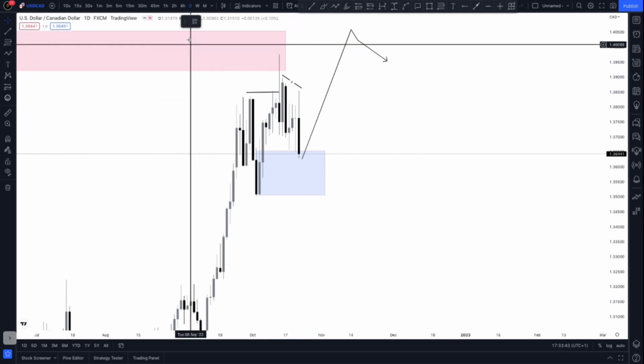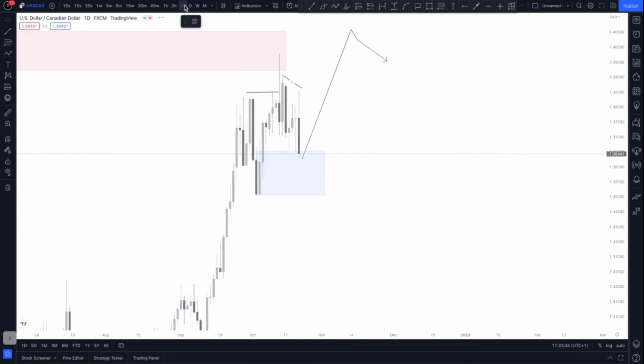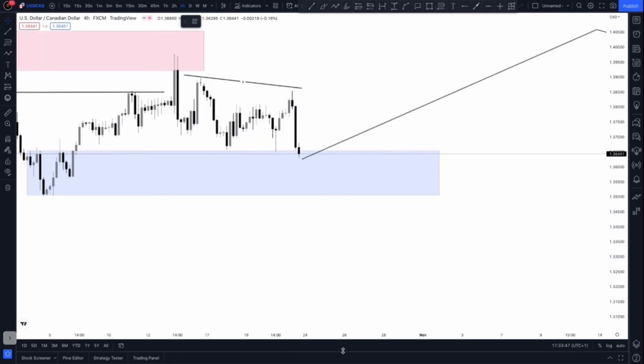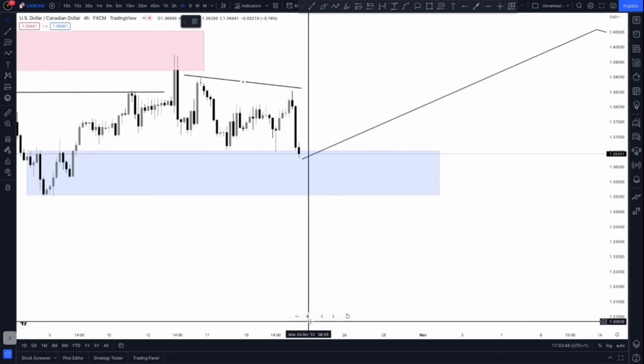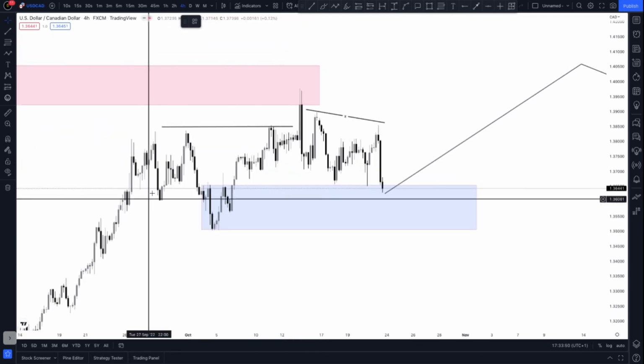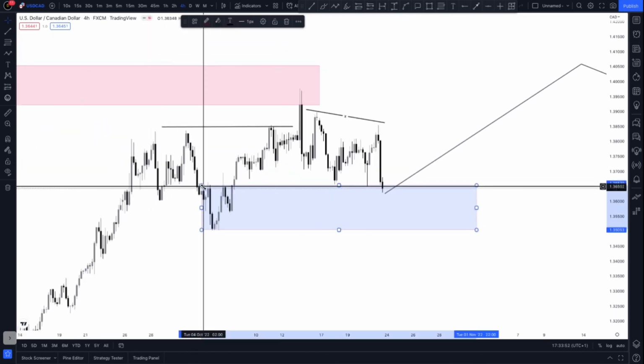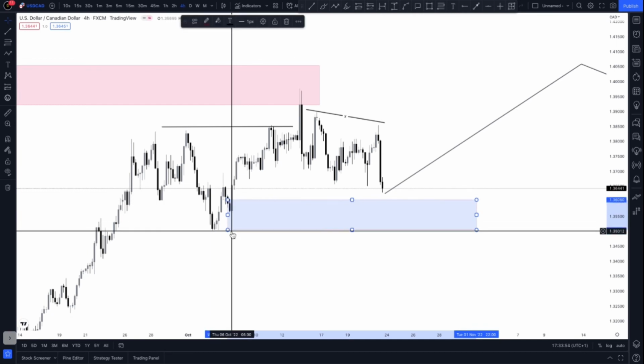Heading to our 4 hour time frame to see what the market is doing. Refining our demand zone, we can refine it down to this level here.